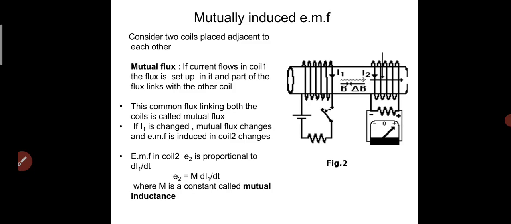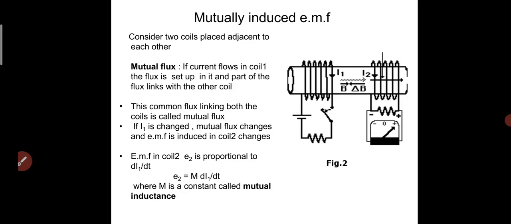Next one, if I1 is changed, mutual flux changes, and EMF is induced in coil 2.